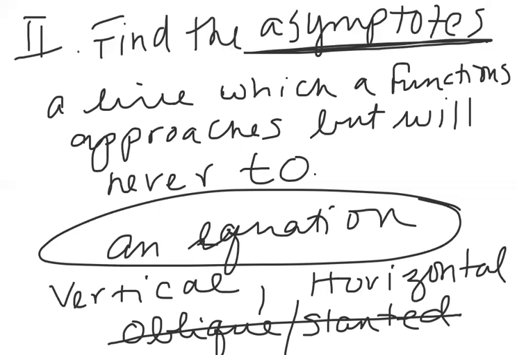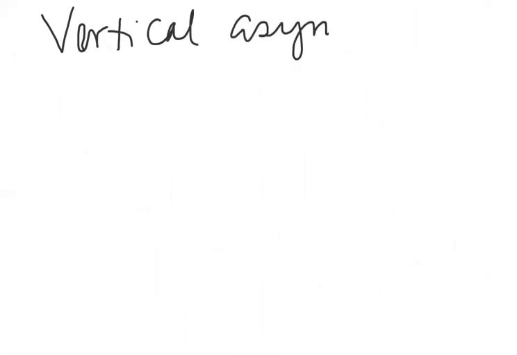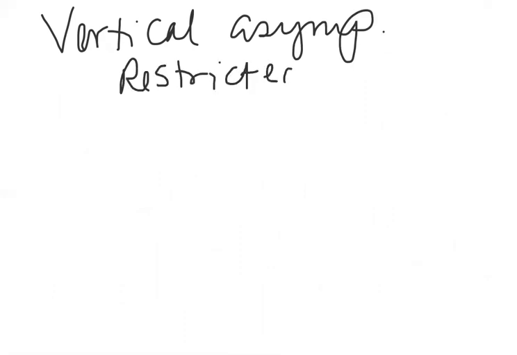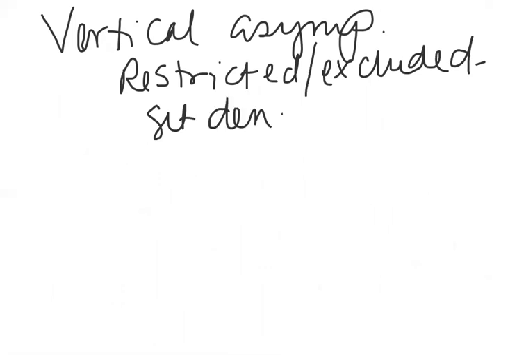Okay, guys? So let's go ahead and talk about how we find the vertical asymptotes first. Basically, they are the restricted or excluded values in the graph. That's how you find them. So pretty much you set the denominator equal to 0 and solve.